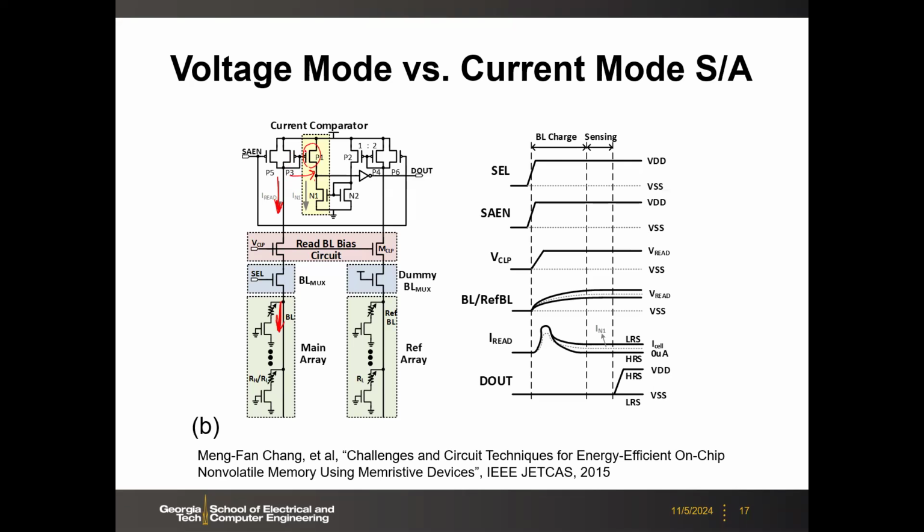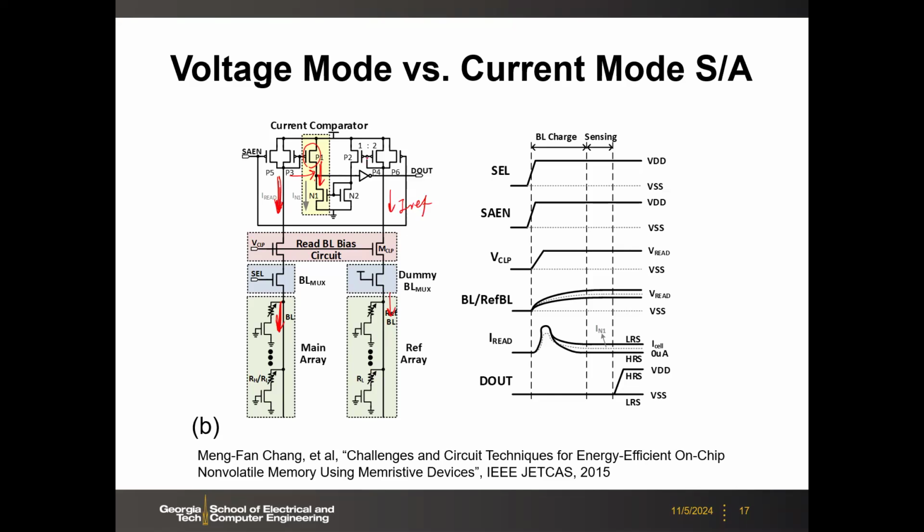Or if the current is too large, then you can shrink the current by playing with the sizing ratio there. But anyway, you make a copy of the current here. And then on the other side, you could have the dummy reference, which could come from the same memory array, but you program them, let's say half of the resistance high, half of the resistance low. Then you can get an average in between. You can use that current as an IREF reference current.